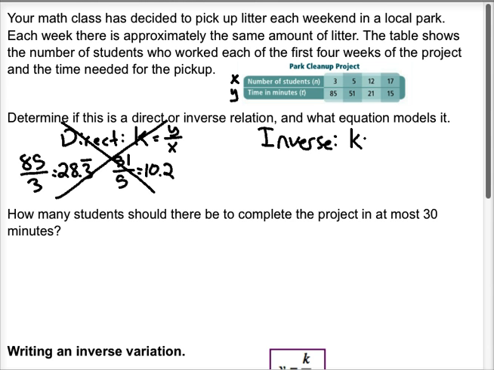Remember, for inverse, that means every x and y will multiply to that constant.